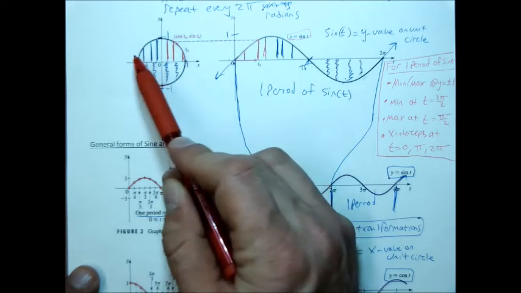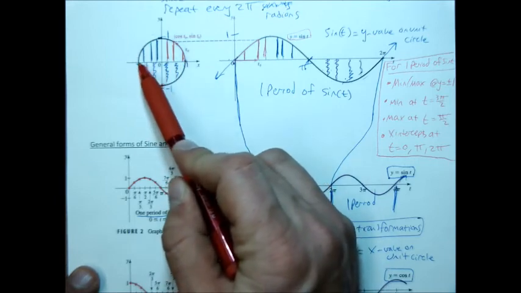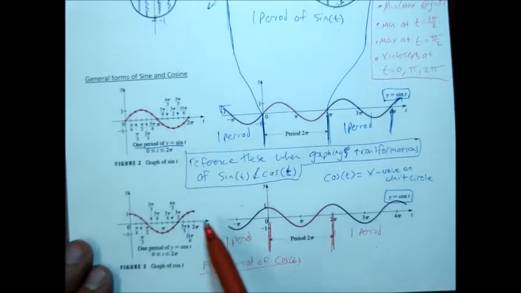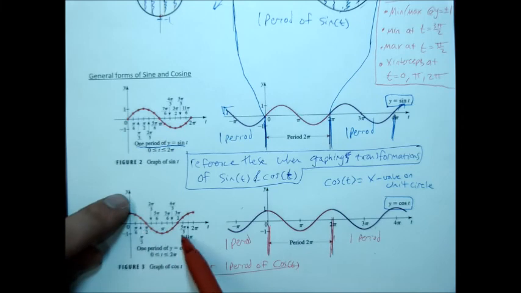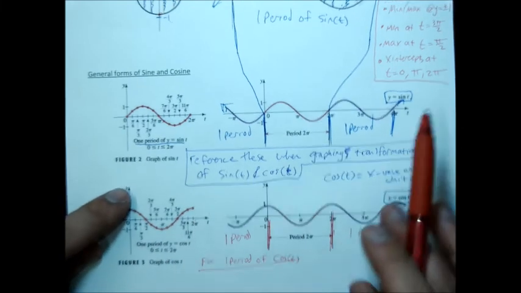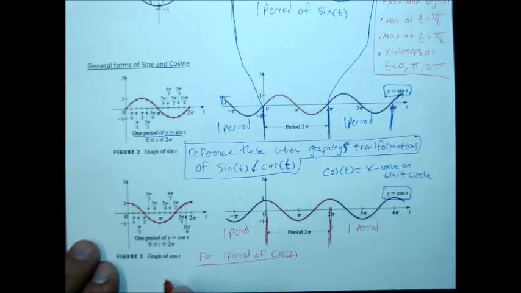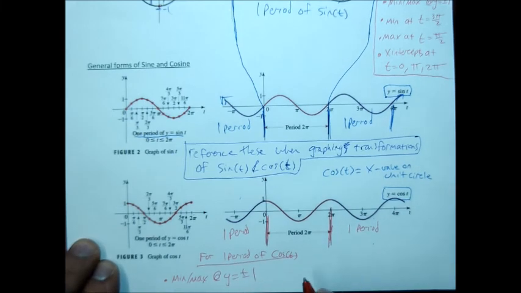And the smallest x value is right here at -1. That happens at pi. And so we can see that happening here. At pi, we get the smallest x value, and then at 0 and 2 pi, we get the biggest x value. And so we have the same min and max at y equals plus or minus 1, but the locations are different. The min occurs at t equals pi, and the max occurs at t equals 0 and 2 pi.